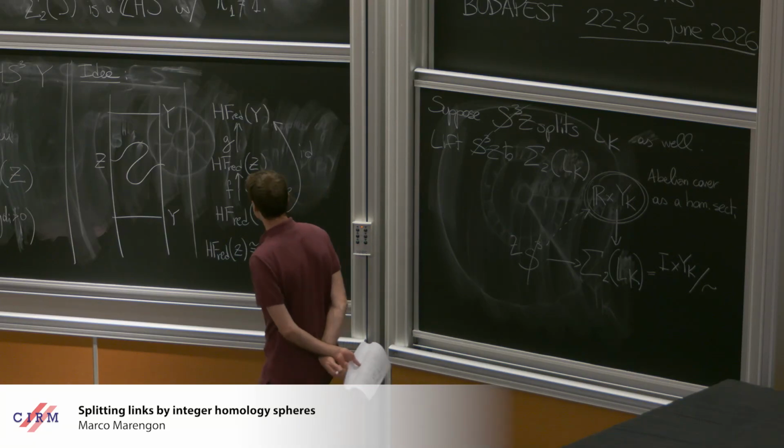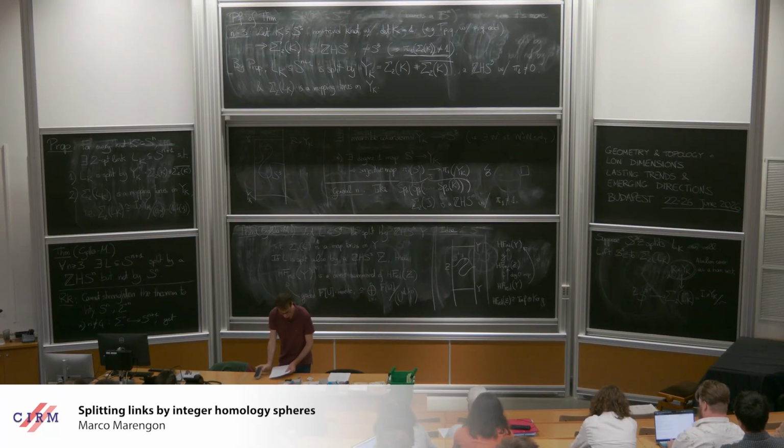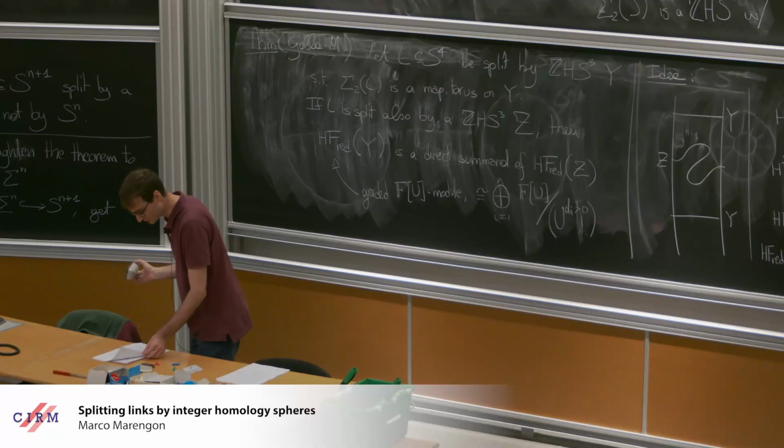Okay, and so this proves precisely this theorem that HF red of Y is a direct summand of HF red of Z. Punchline. Do I have like 1 minute or two to write the punchline?